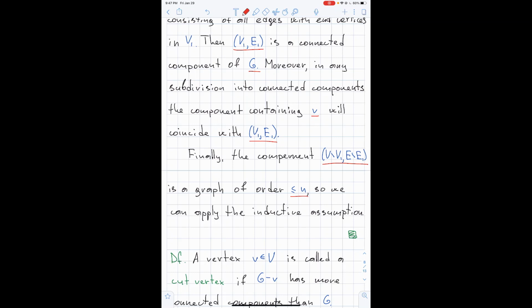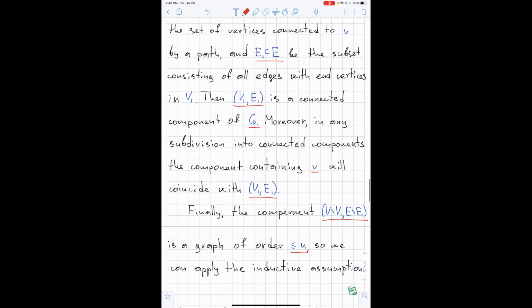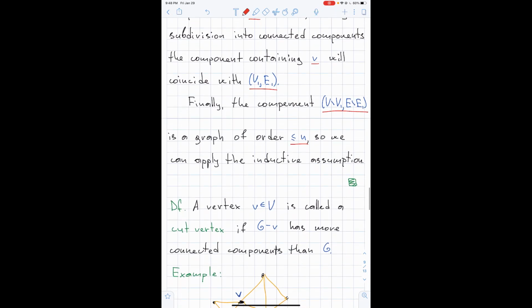And again, it is a unique subdivision, because every subdivision will have to contain the component (V1, E1), and then the rest has a unique subdivision by the inductive assumption. So that's our proof. Intuitively it was very clear, but we want to present something rigorous as a proof here, and induction is a good way to do that.